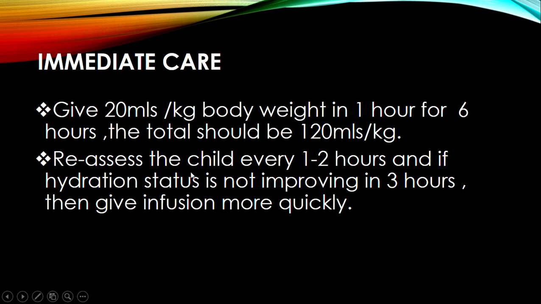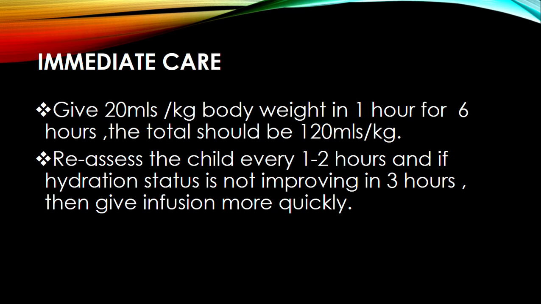Then reassess the child every 1 to 2 hours. And if hydration status is not improving in 3 hours, then give the intravenous infusion more quickly. So we are giving ORS through NGT, and the total should be 120 ml per kg body weight.